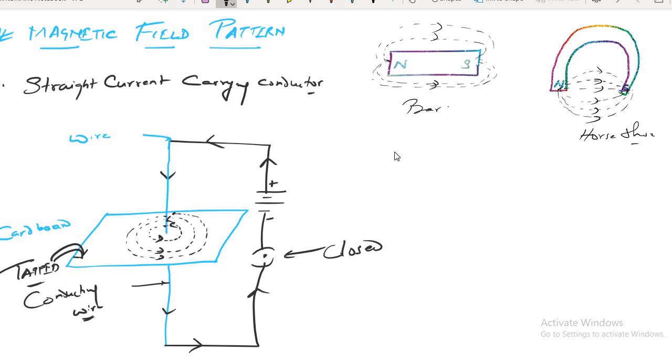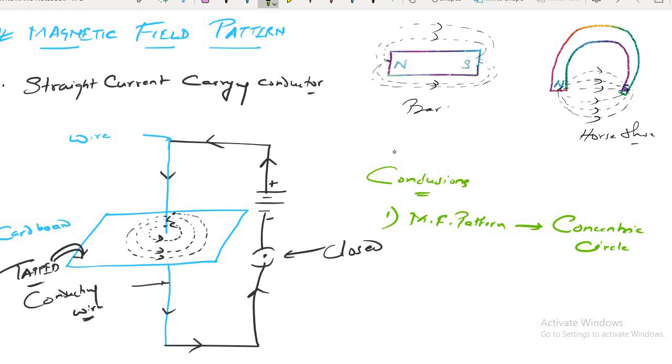Whenever I tap the board, the iron crucibles will align themselves in this circular fashion. So from here, what are the conclusions we can draw? The conclusion is that the magnetic field pattern looks like concentric circles for a straight current carrying wire.